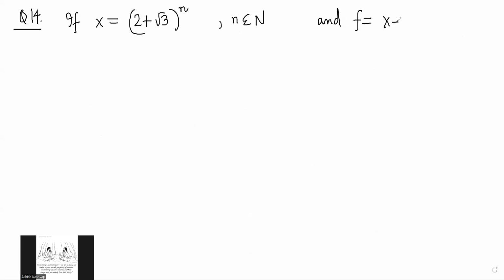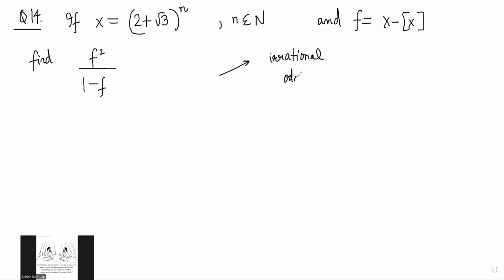So this problem says, or rather this question goes like this: if x is equal to (2 plus root 3) power n and n belongs to natural numbers, and f is equal to the fractional part of x, then find out whether f squared by 1 minus f is irrational, odd, even, or a non-integer rational number.